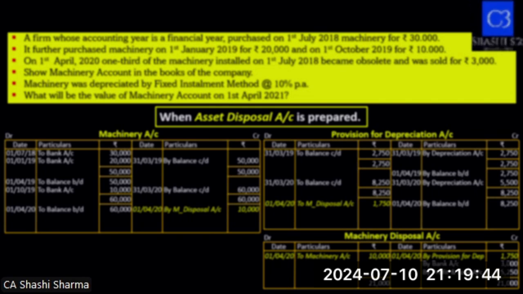So that's all for today's class. Three types of method, and the question solved by all three methods. I would like you to solve this question by following the written down value method.